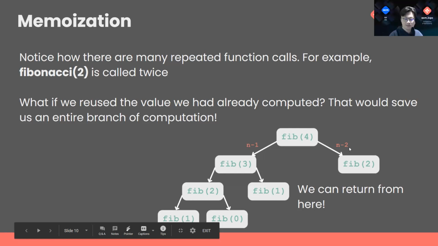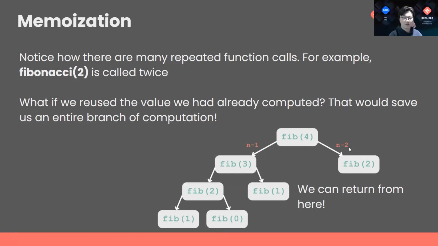Like you noticed in this function call tree that we call Fibonacci 2 multiple times. So the idea with memoization is to ask what if we reuse the value we had already computed? That would save us an entire branch of computation, and we don't have to calculate Fibonacci 2 again if we already calculated it before.